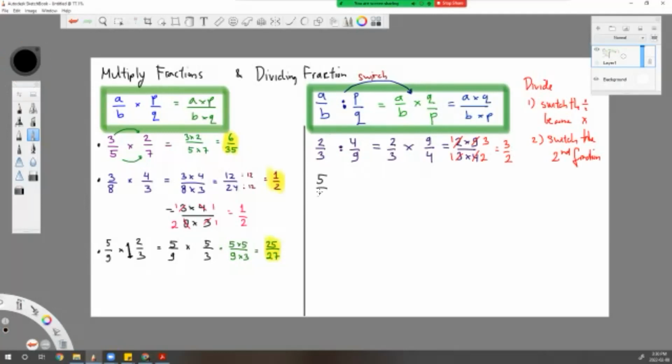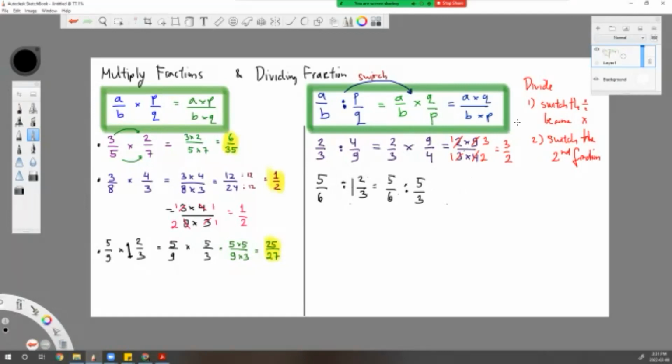Okay, so for the next question, 5 over 6 divided by 1 and 2 over 3. I give you the easiest mixed fraction question, but you know how to deal with it first. Again, for the first part, we need to change the mixed fraction into an improper fraction. So 3 times 1, 3 plus 2, 5 over 3, right? And then what next?